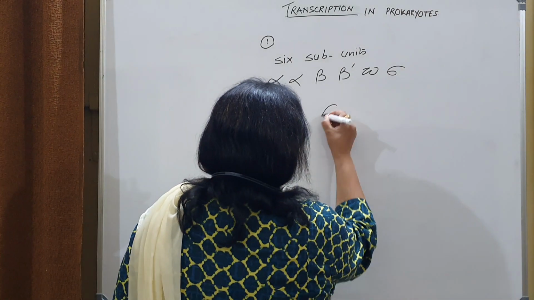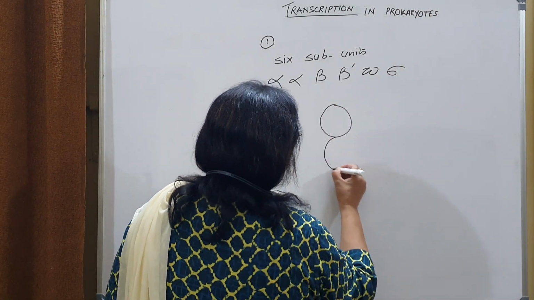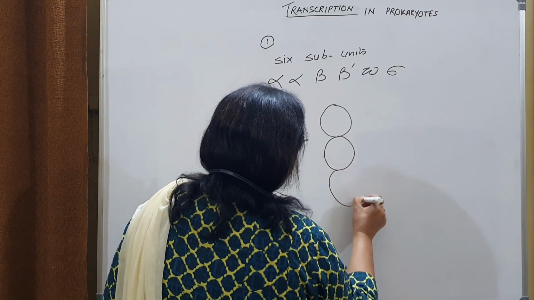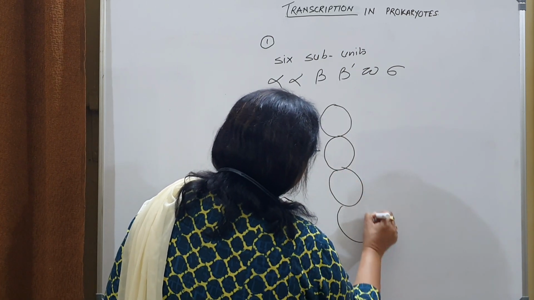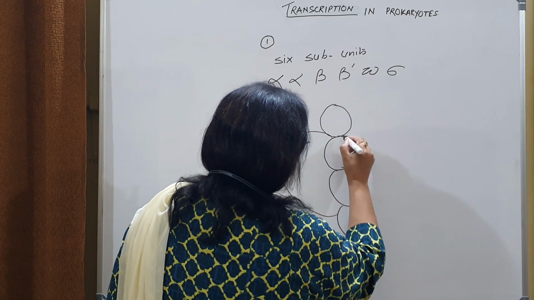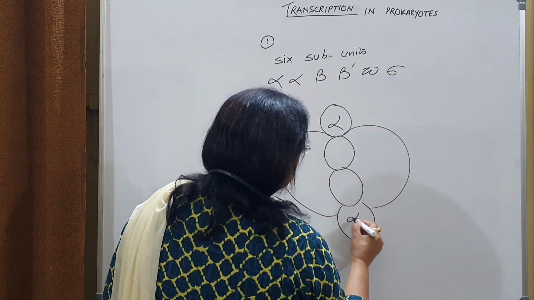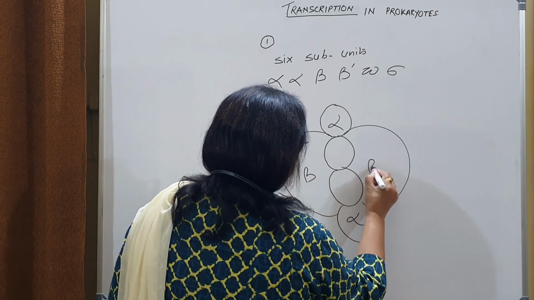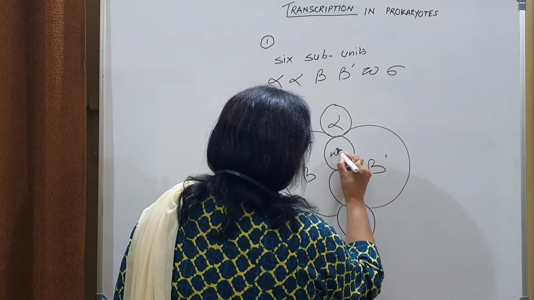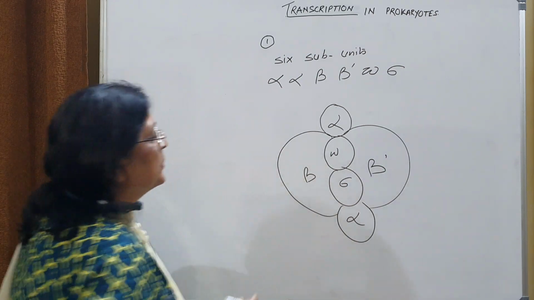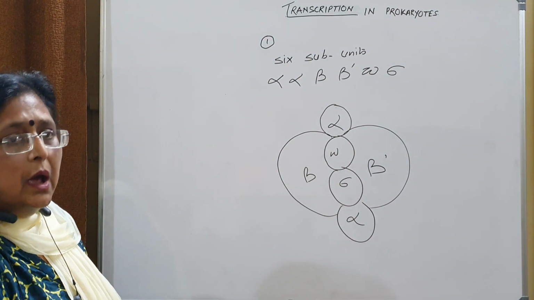Now, they are arranged in this way: 1, 2, 3, 4, 5 and 6. Alpha, alpha, beta, beta dash, omega and sigma. So in this way they are arranged.